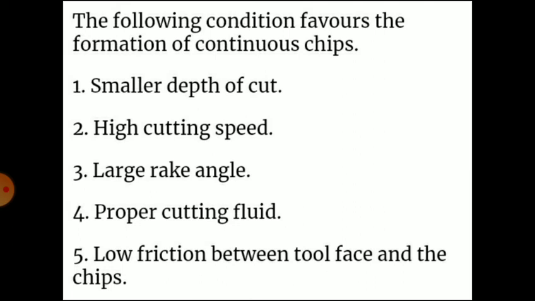So the conditions favorable for continuous chips are: depth of cut is small, cutting speed is high, rake angle is large, use of proper cutting fluid, and low friction between the tool face and the chips. You will get the continuous chips.